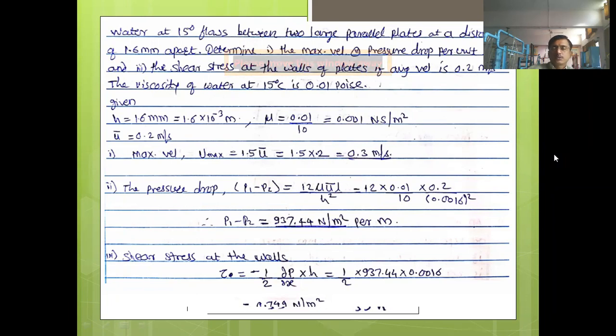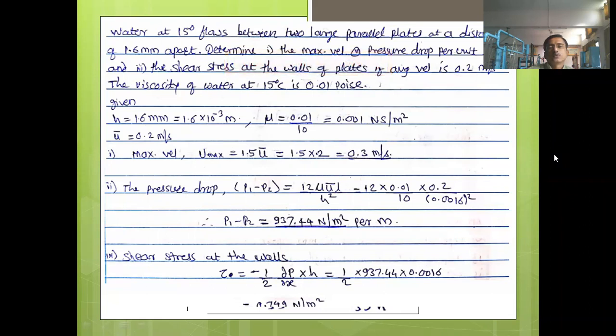Okay, so first of all, write down the given things. Distance between parallel plates is given as 1.6 mm. Convert to meter, that is h is equal to 1.6 mm, which is nothing but 1.6 into 10 to the power minus 3 meter.